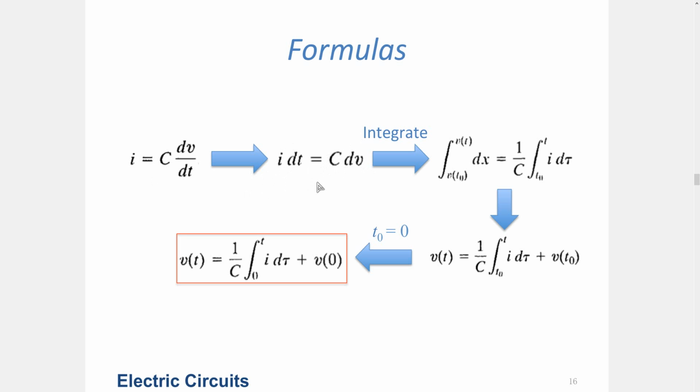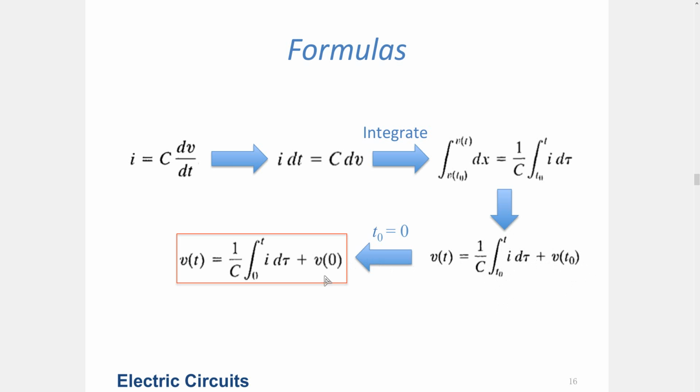If I integrate both sides with respect to the voltage and time variables, I get the integral from v(t0) to v(t) of dx equals 1 over C times the integral of i dt from t0 to t. Taking the integral and applying the boundaries, we observe that v(t) equals 1 over C times the integral of i d tau from t0 to t, plus an initial voltage value v(t0).